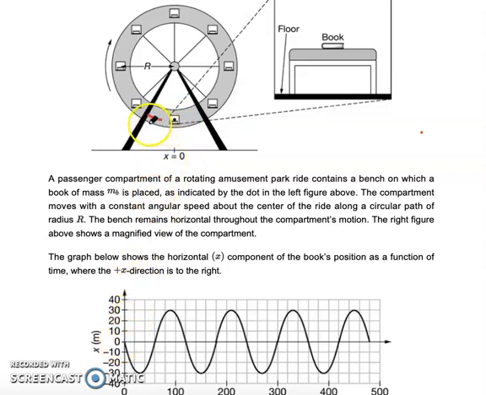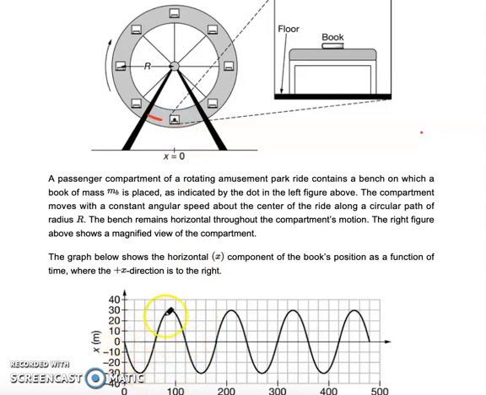Then as it moves up, it's moving in a general negative x direction, and then when it gets to here, it starts moving back towards 0, and then when it gets to the 12 o'clock position, now it's moving horizontally forward to its maximum extent, which would be at the 3 o'clock position, and then it gets back to 0 there. And that's how we understand that.